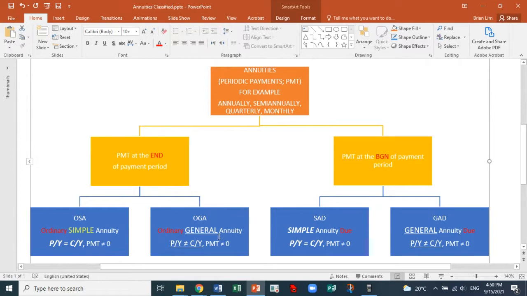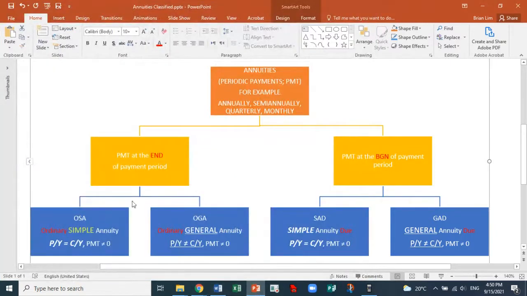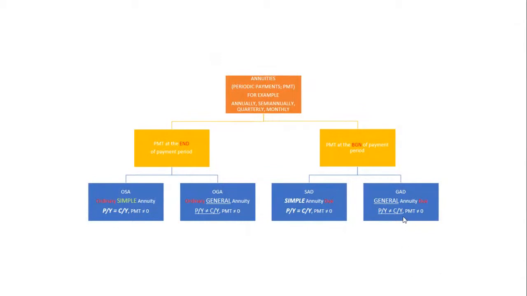So in this case, remember, we saw that PY is not equal to CY, and it's at the end. Okay, at the end of every 6 months. So what that brings us to, it's this one right here, where PY is not equal to CY. So in that case, we end up with this one right here.